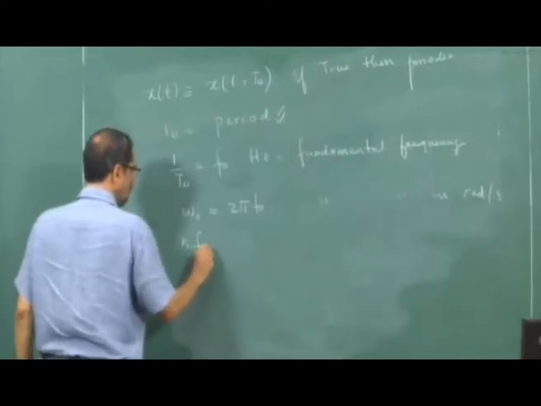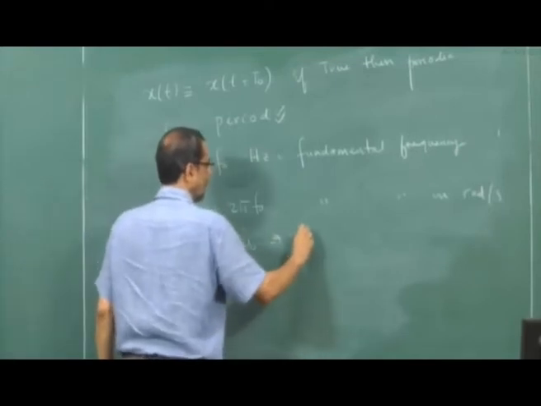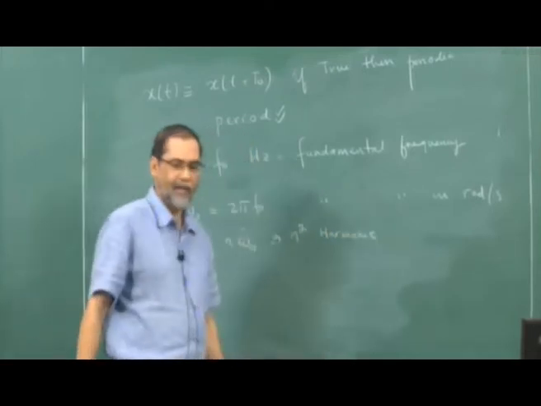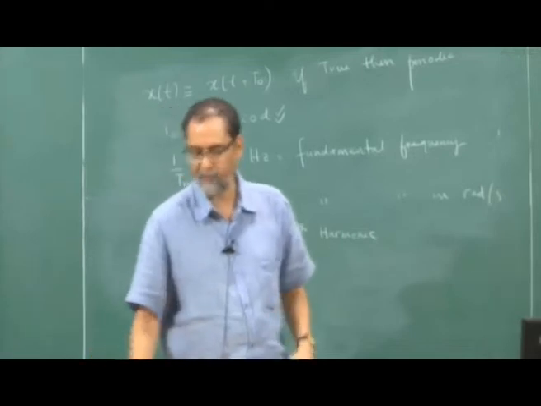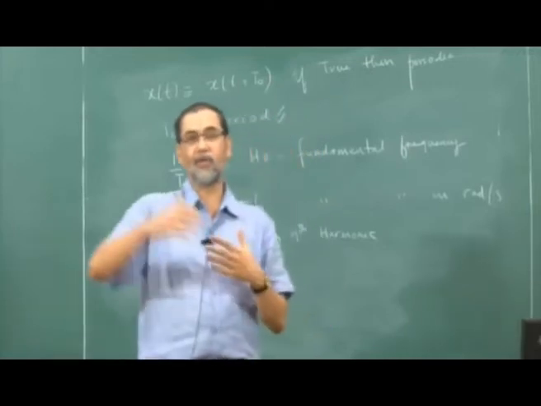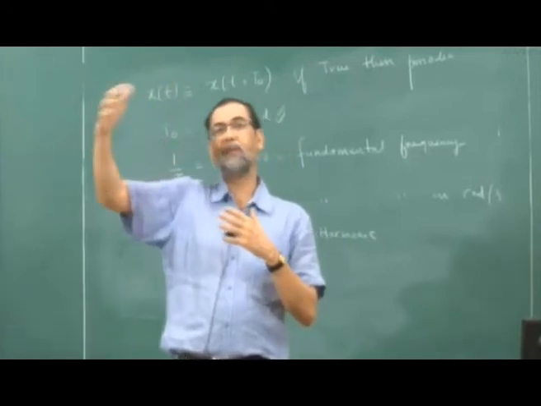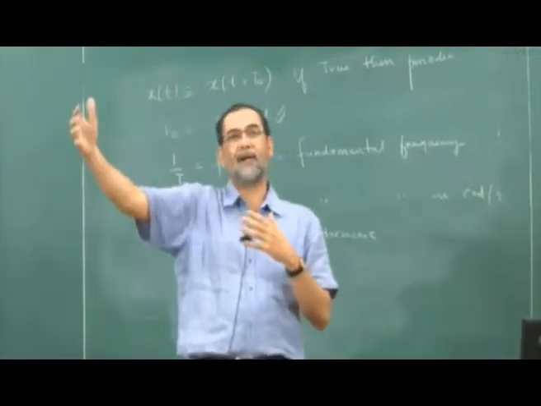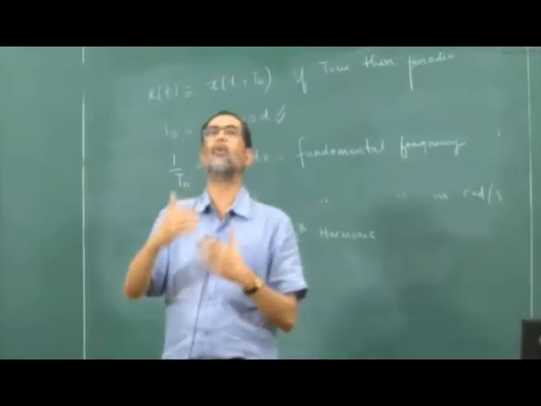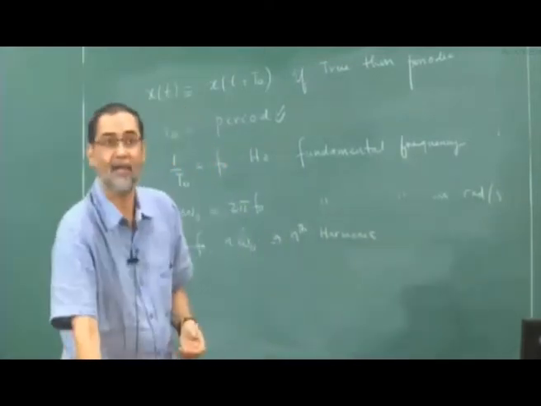n times F naught or n times omega naught are called the nth harmonic. I don't know if you know music, but in music you say sa re ga ma pa da ni sa. The two sas are one octave apart. The higher sa is 2 times the frequency of the lower sa, so that is the octave or doubling of the frequency.